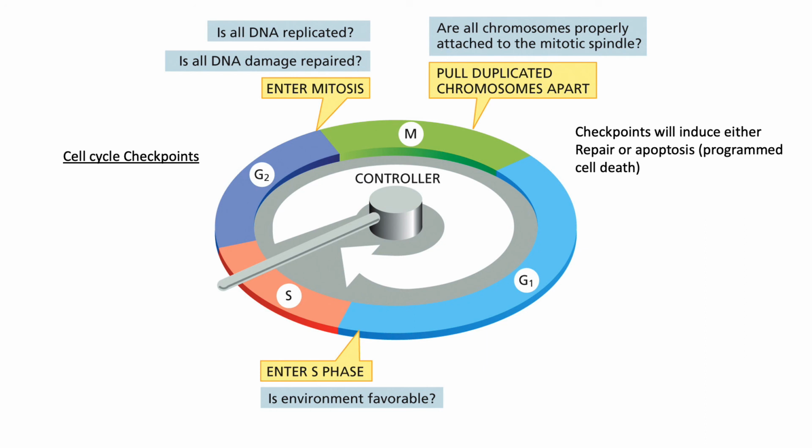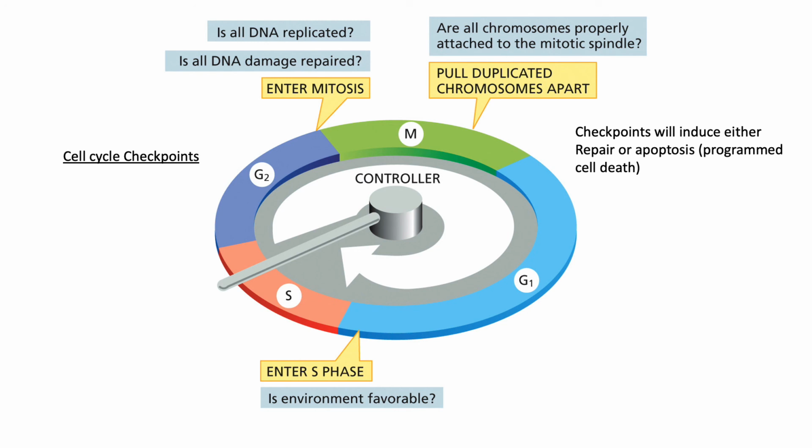Now there's another checkpoint up in G2. There's a G2 checkpoint, and that is a little bit more descriptive. What it says in the blue highlight is, is all the DNA replicated, and is all the DNA damage repaired? The idea again is that we don't want to enter mitosis. Can't start entering mitosis if the DNA is not replicated, because if the DNA is not replicated and we start to enter mitosis, the cells basically get screwed up.